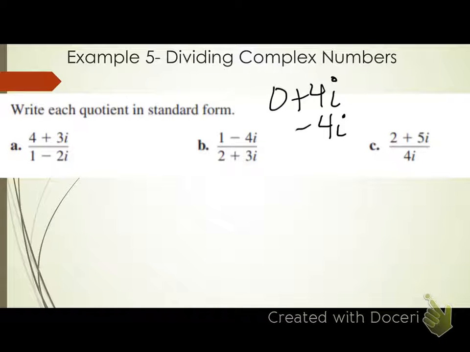So I'm multiplying the top and the bottom by negative 4i.